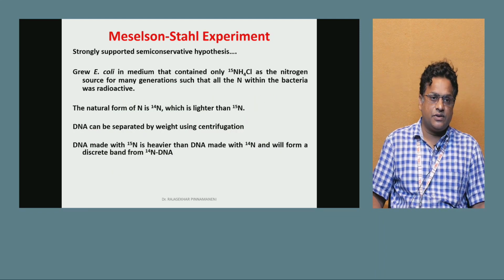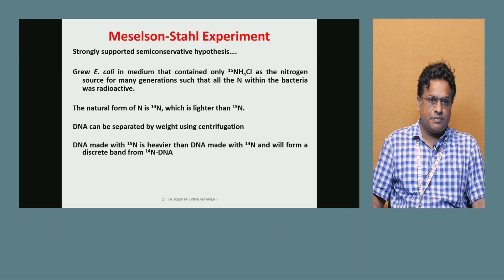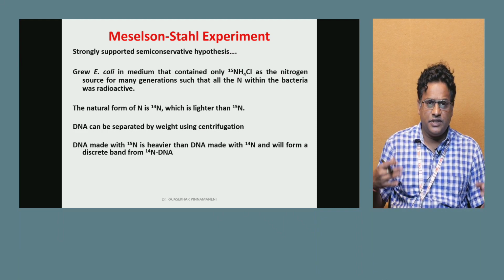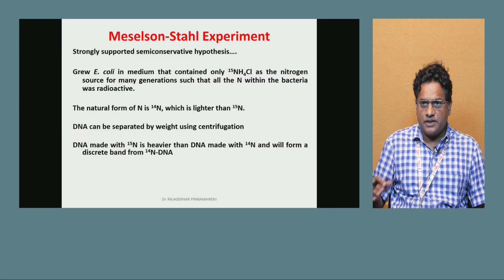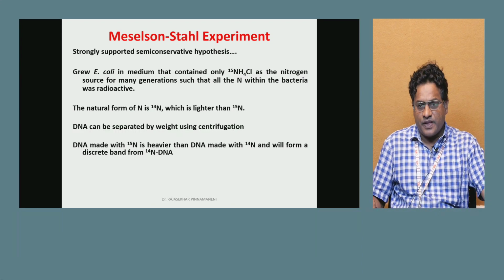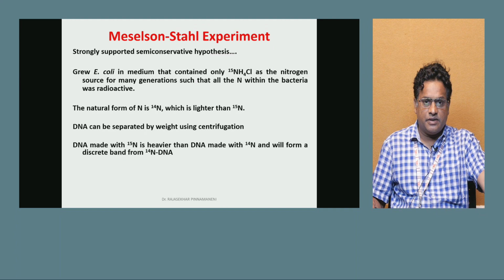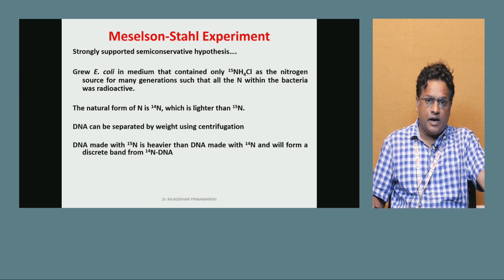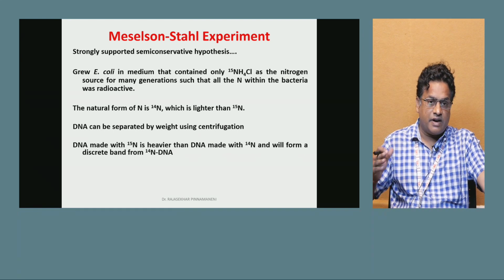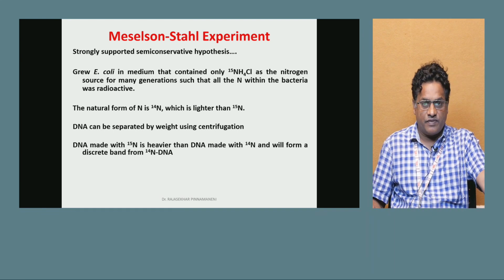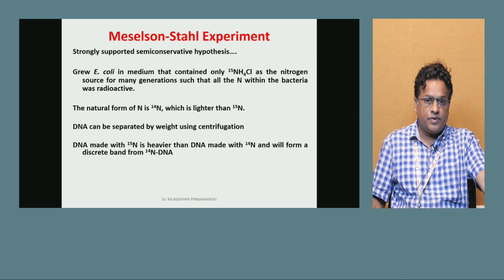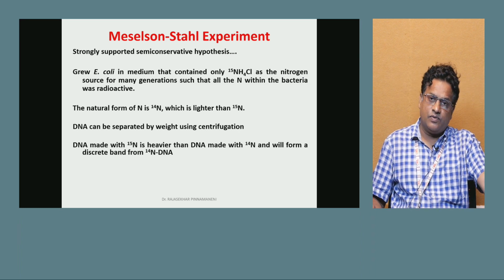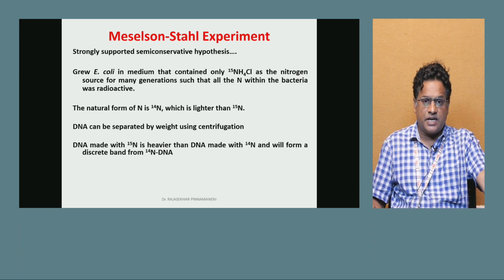So Meselson and Stahl came up with an experiment where they grew E. coli, because E. coli has genetic material. They grew E. coli in medium that contained ammonium chloride labeled with N15, and another with N14, and they grew it for many generations so that all the bacteria were labeled, while the natural form N14 is much lighter than N15.